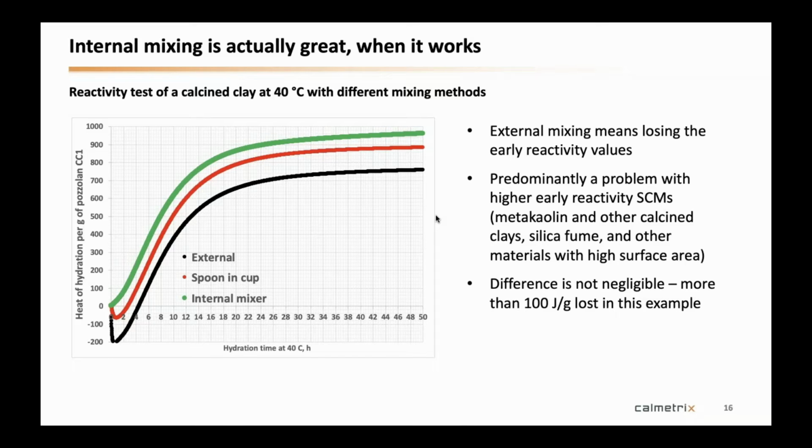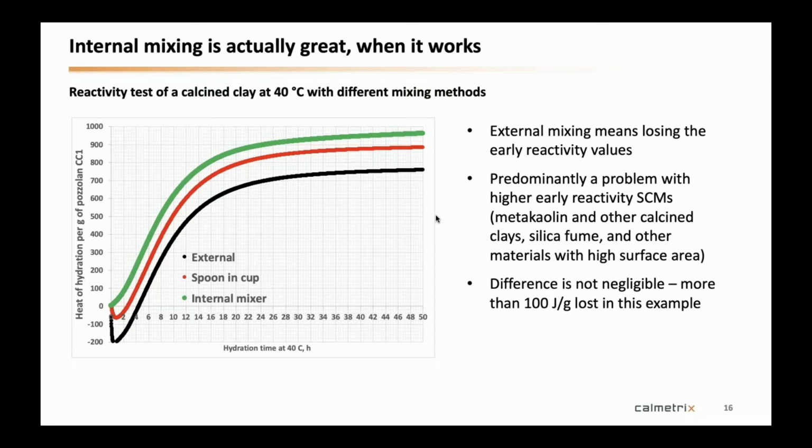Because if you look at the black curve, because of the temperature difference between the mixing temperature, so the ambient temperature where the mixer is located, and the actual curing temperature in the calorimeter, we have to throw out practically the first 4 hours, because the black curve dips in negative territory for the first 4 hours.